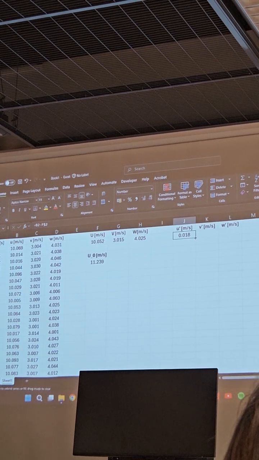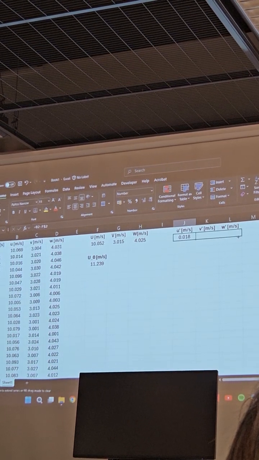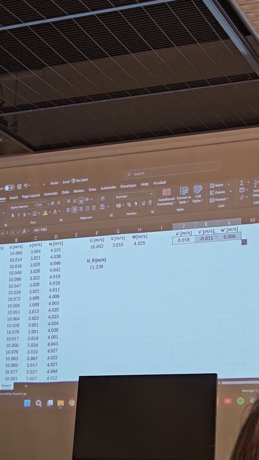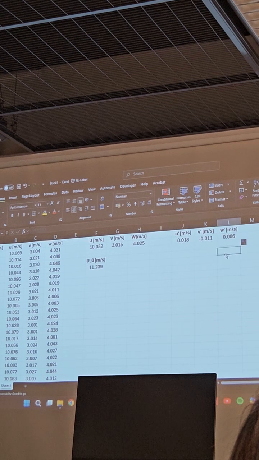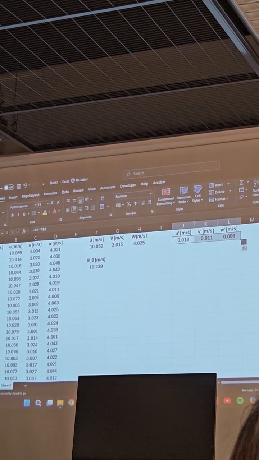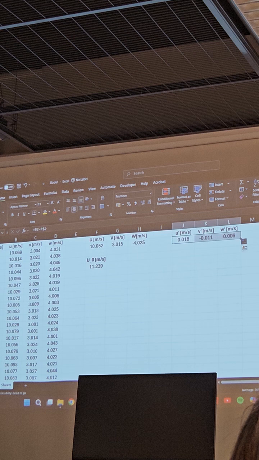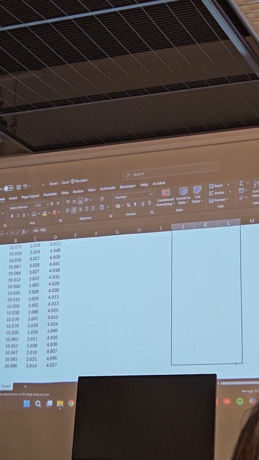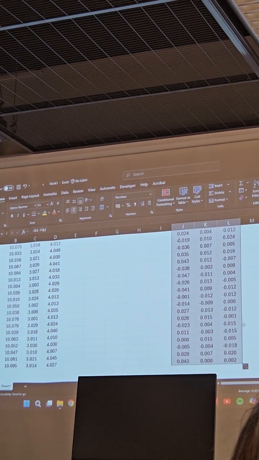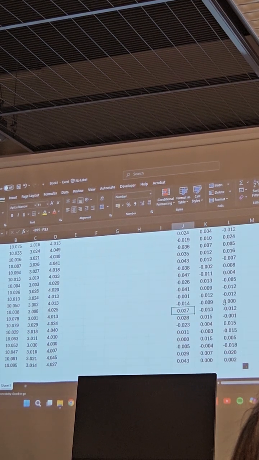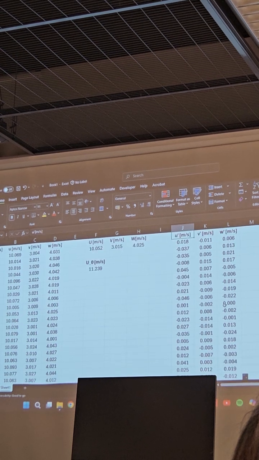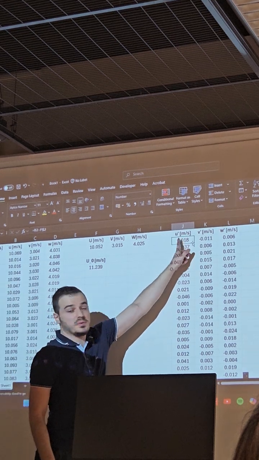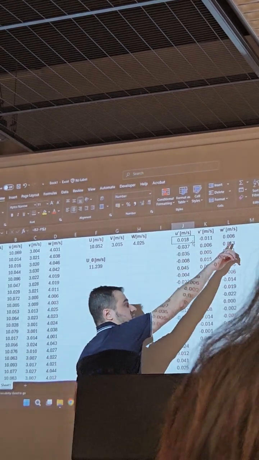So first of all, I can pull it on the right side, so that I'll get also the turbulent fluctuation for all velocity components, and then I should pull it in the vertical direction up to the last time available, which is 1 second. So right now we have 3 new columns where we have the turbulent fluctuation in the X, Y, and Z directions.